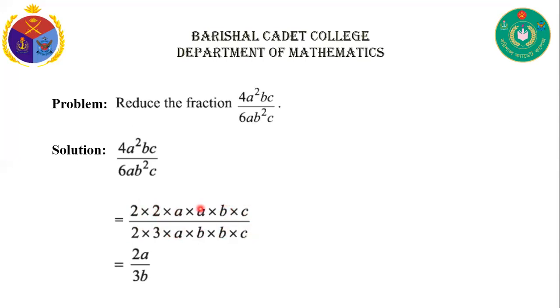So we have only 2a and 3b. So the lowest terms of this fraction is 2a by 3b. Okay, boys? So first we have to find the common factors in the numerator and denominator and eliminate them. Then we get the lowest terms of the fraction.